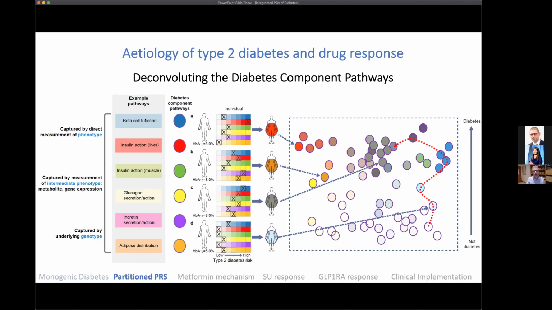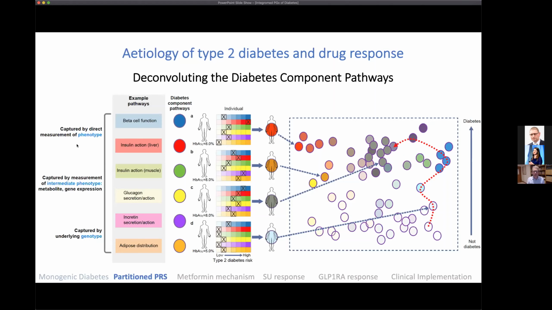So if we think of these different colors as different pathways, so beta cell function, insulin action, and the liver and the muscle, for example, then what we want to do is try and tease out these component pathways and work out where people sit in the palette. So you can do that using their phenotypes. You could measure insulin sensitivity, insulin resistance, any other measures you could find, hip measurements, thigh measurements to look at fat distribution.